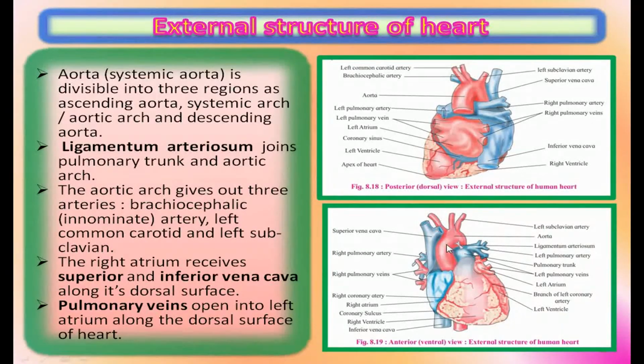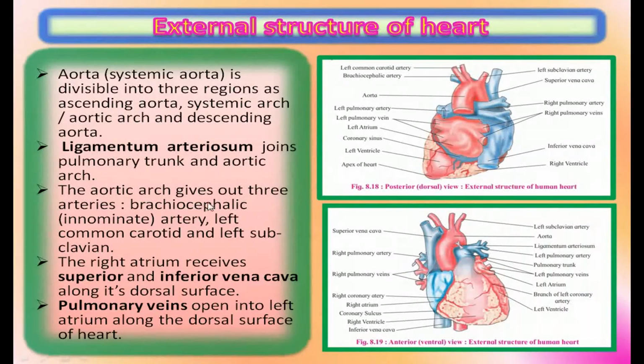It joins the pulmonary trunk and aortic arch. This blue color is the pulmonary trunk and this red color is the aortic arch. Both are joined together by the ligamentum arteriosum.